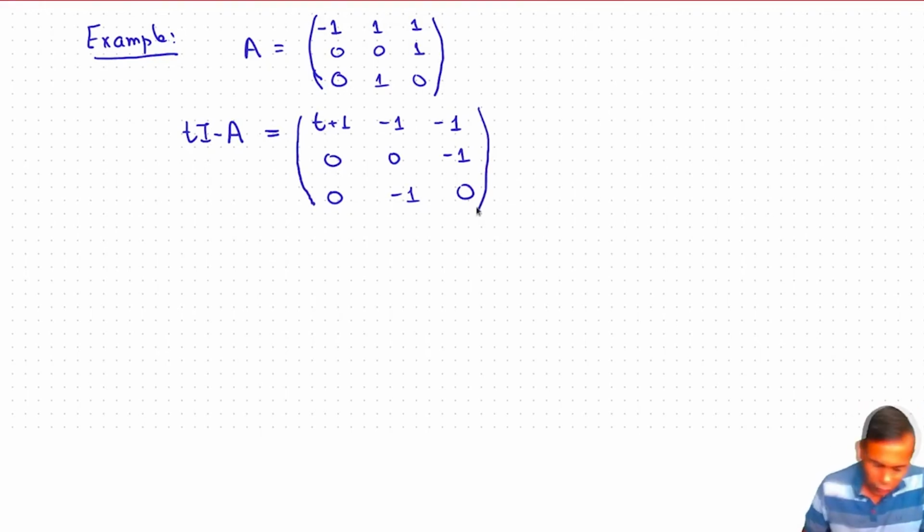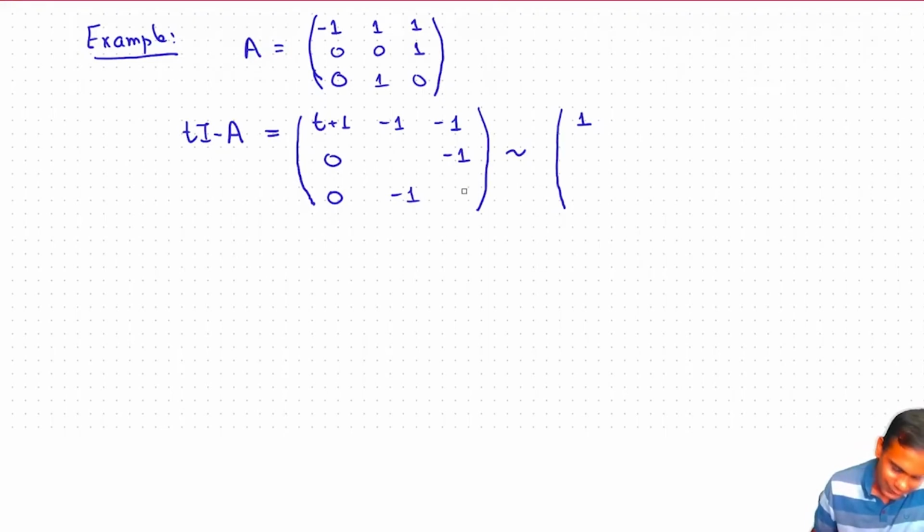And its Smith form is, let's see, the GCD of all the entries here is just 1. So the 2 by 2 minors, well, most of them are 0, but let's see. Oops, I made a mistake here.